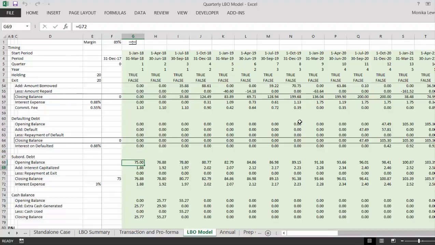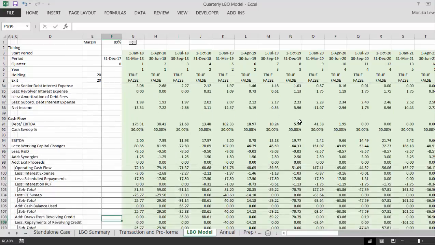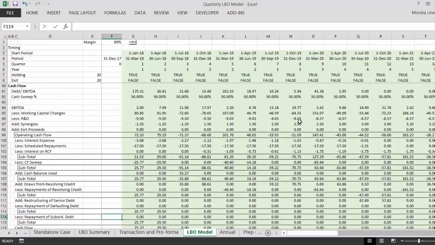Okay. So then let's do the next one. And I hope the defaults were all working out. Okay, now here we borrowed some money, draws from our revolving credit, and where did we have a default?